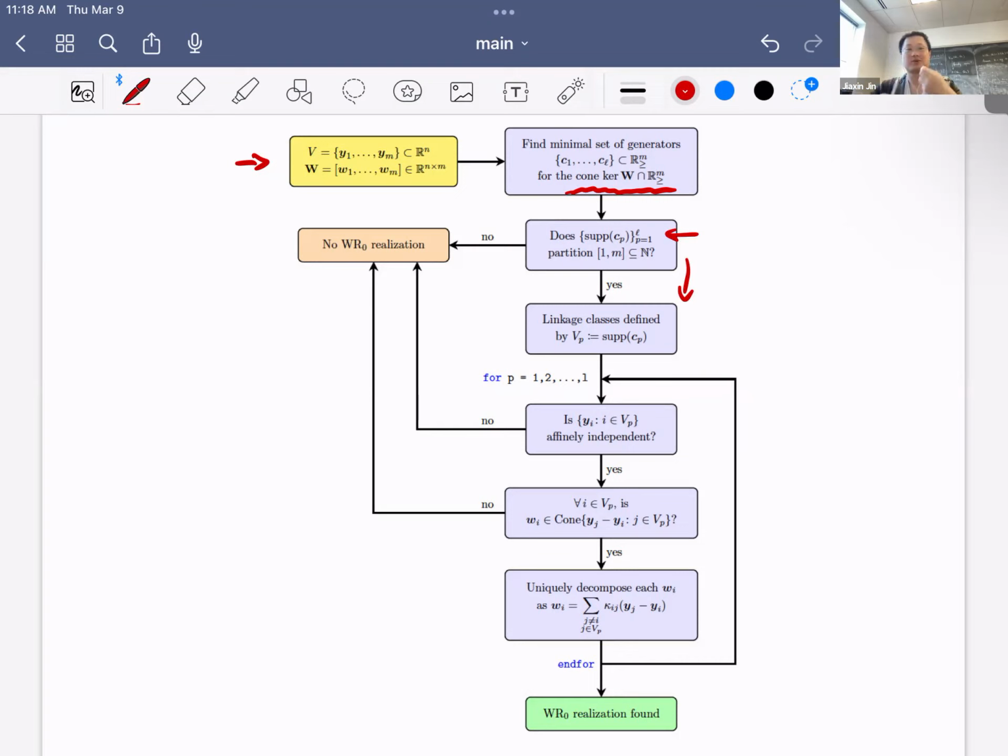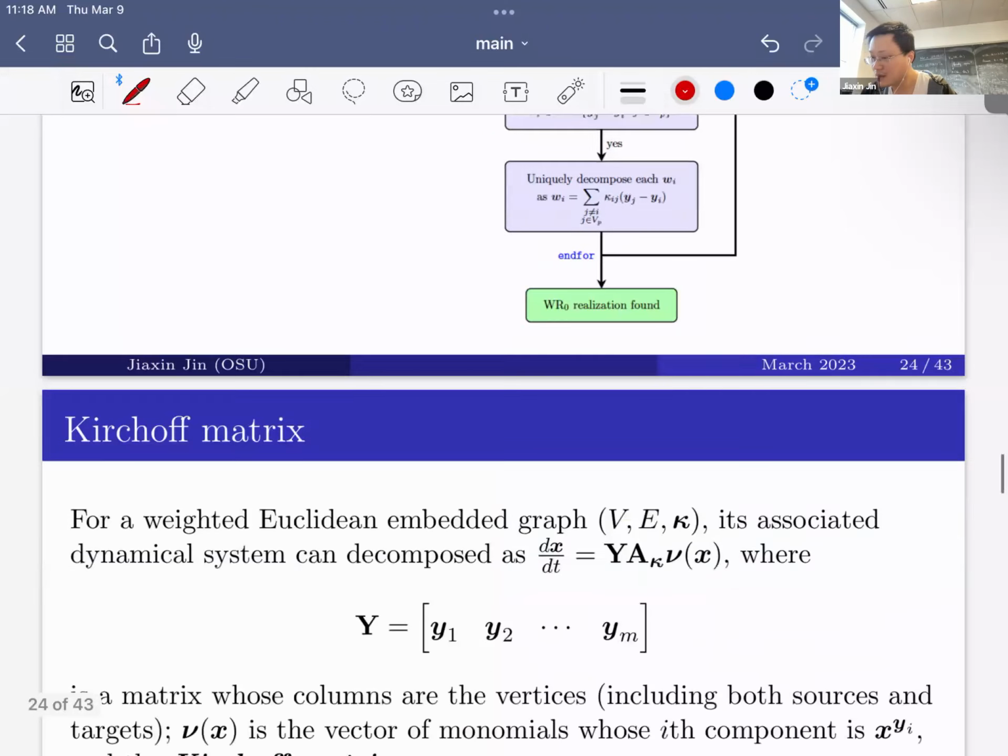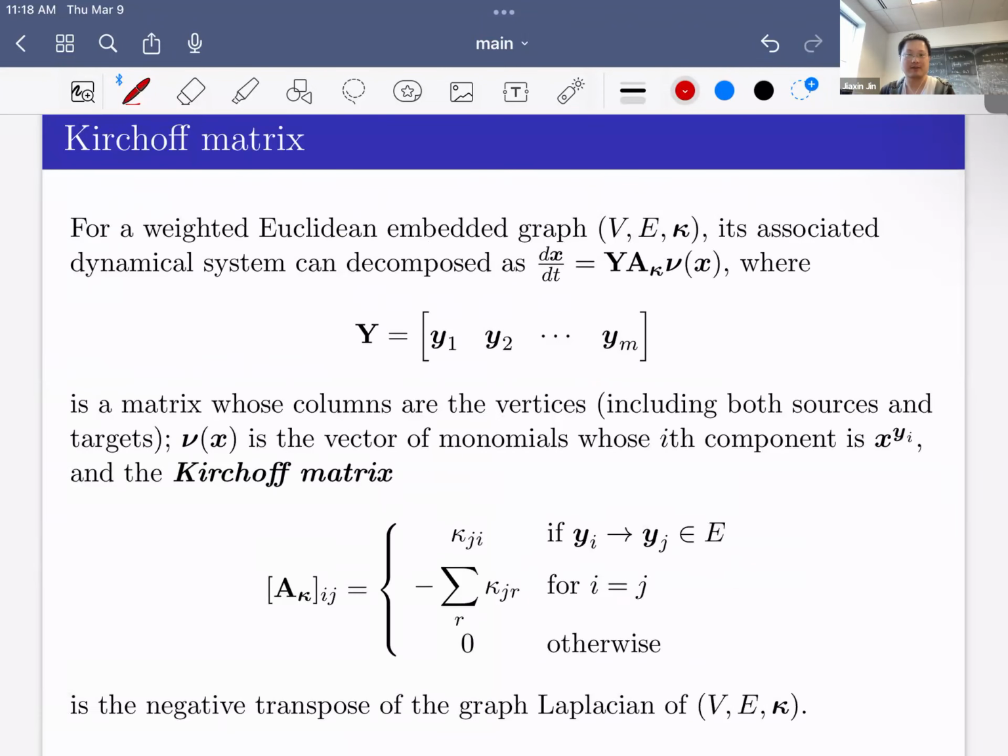Okay, so let's quickly explain why this makes sense. We know a very famous decomposition of mass action kinetics: dx over dt can be written as Y times the Kirchhoff matrix AK times x to the Y power.